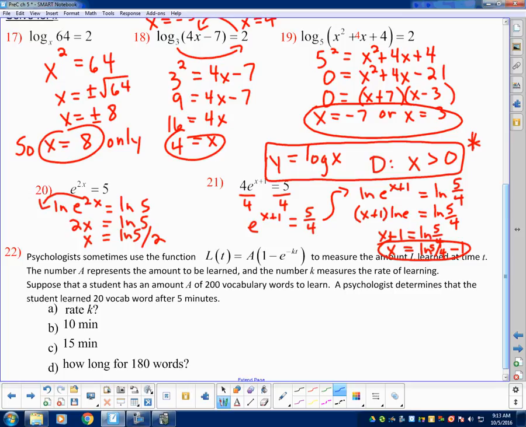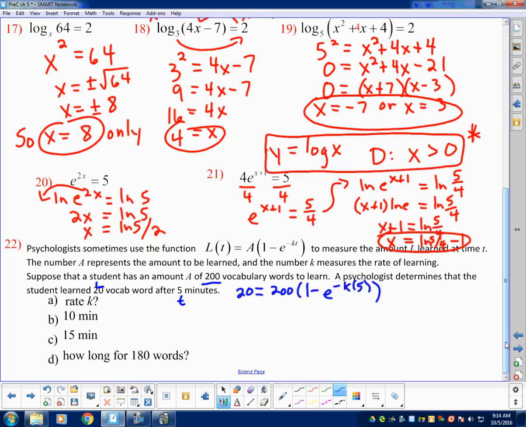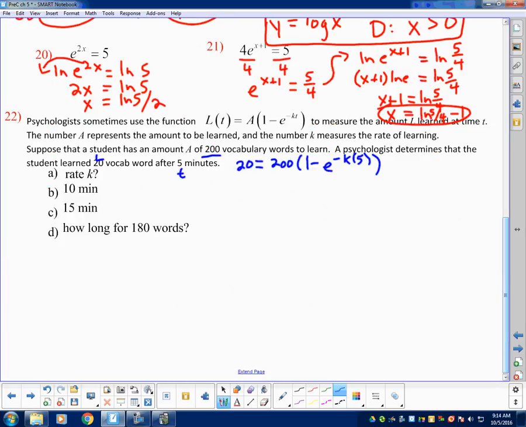So I have 20 equals 200 times 1 minus e to the negative k times 5. And we have to solve that for k.